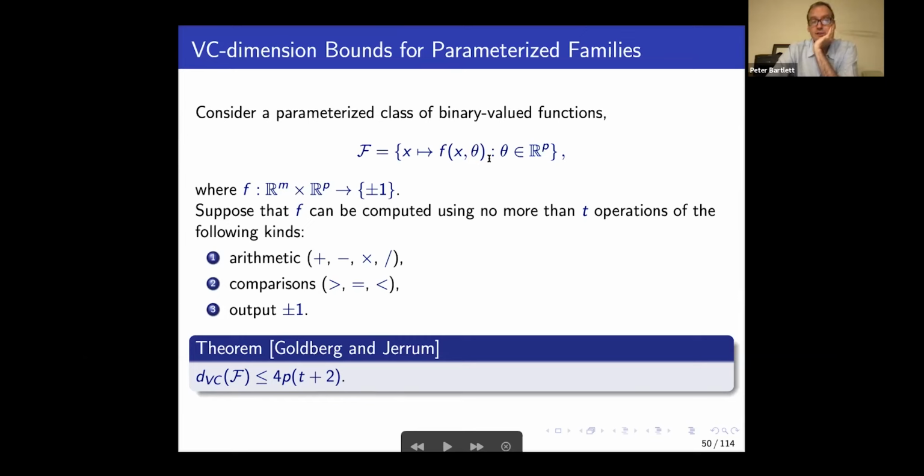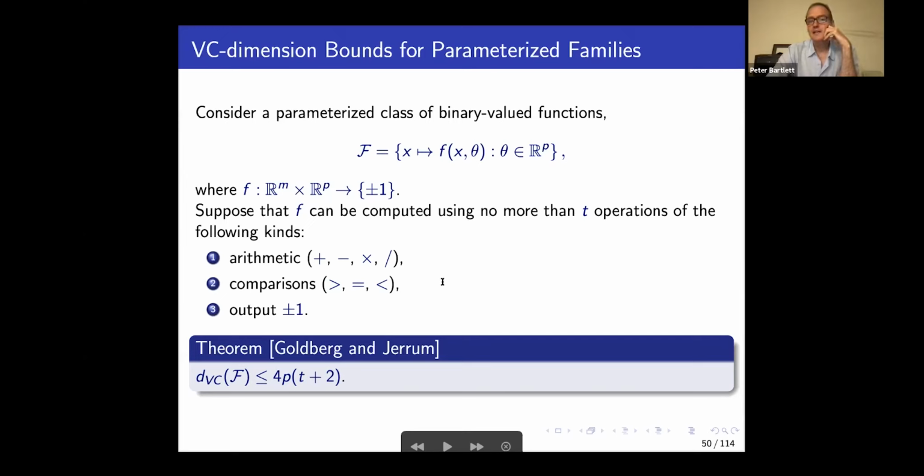It turns out you can get bounds on the VC dimension for this family, provided that the computation doesn't take too long in a certain model of computation. So if for any x you can compute this function in no more than t time steps, t operations of these different kinds, arithmetic operations on real numbers, comparisons of real numbers, and outputting plus or minus 1, right?